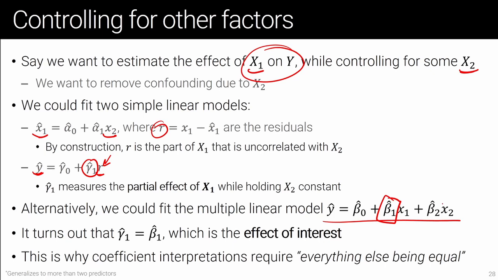So by fitting directly the multiple linear model, the effect of beta 1 would be exactly the same as what we would get from gamma 1 after partialing out the effect of x2. And so this is why the coefficient interpretations require this "everything else being equal." This is precisely what we want. If we want to see the effect of x1 on the response while controlling for x2, the linear model is giving us that effect when looking at beta 1.